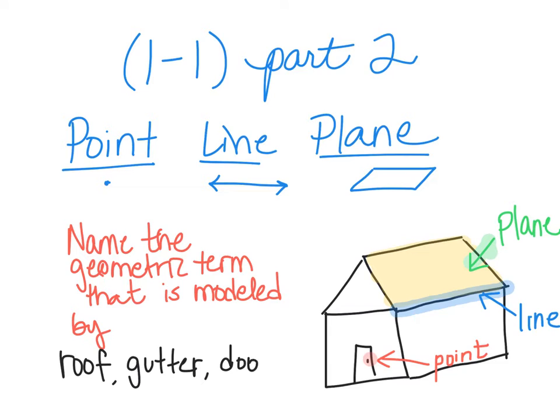Okay, so we are looking at figures or items and deciding what geometric term is modeled by that object. So you will have like 6 or 7 of those to do. Okay, so let's look at what's next.